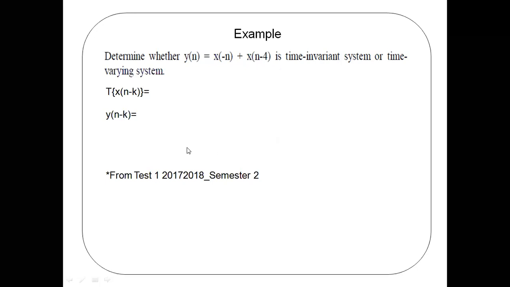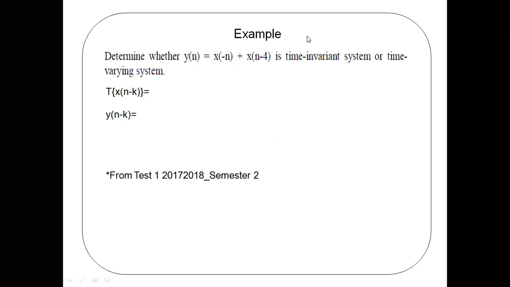This shows that the answer for delaying the input by k units will not be the same as delaying the output by k units. So the system that we have here is a time-varying system.